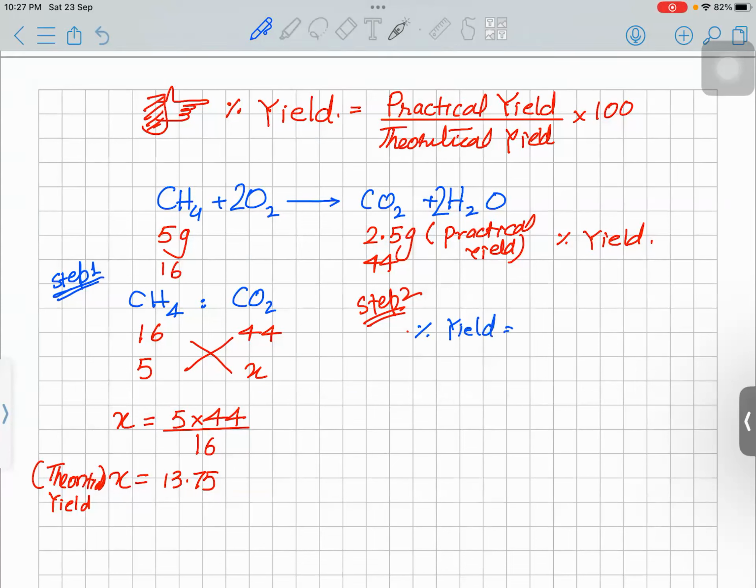Percentage is equal to practical yield is 2.5, theoretical yield is 13.75. Sir, 0.18. So very low percentage yield. बहुत ही थका हुआ लैब है ये.